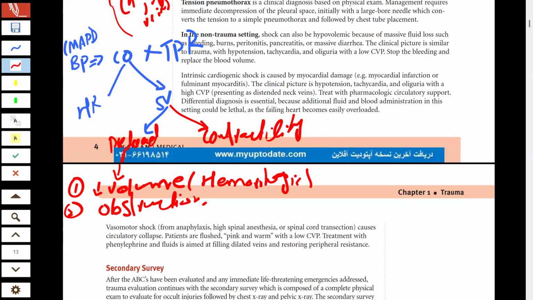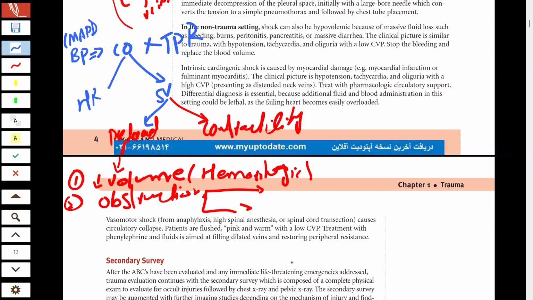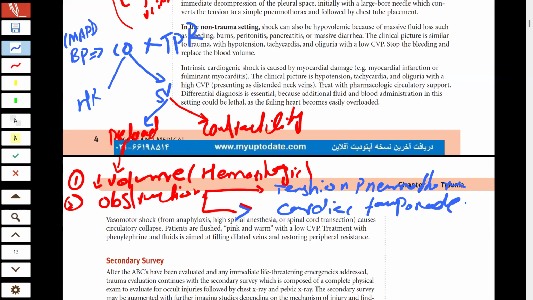As we discussed earlier, obstruction like tension pneumothorax, or the second one, cardiac tamponade.